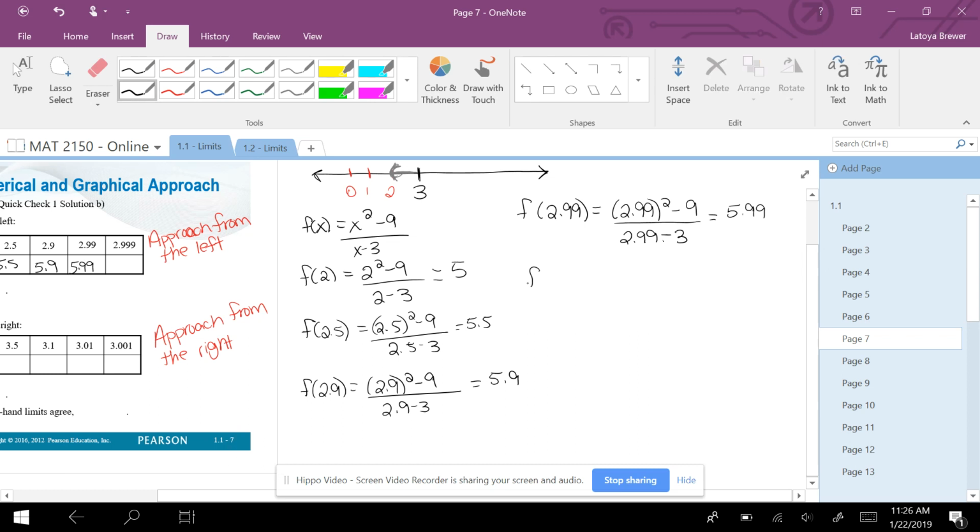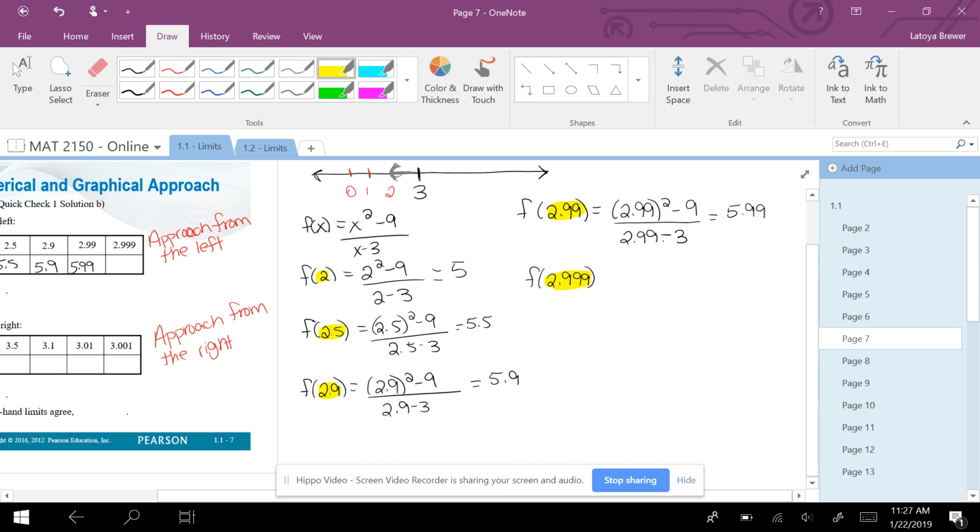Then I'm going to do the same thing, 2.999. If you guys notice, I started at 2, then I had 2.5, 2.9. My question was, what is the limit as I approach 3? I'm approaching 3 from the left. I'm choosing values that are right below 3, but I want them to be very close to 3.